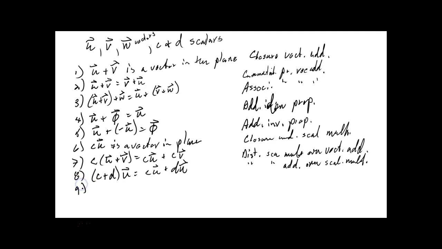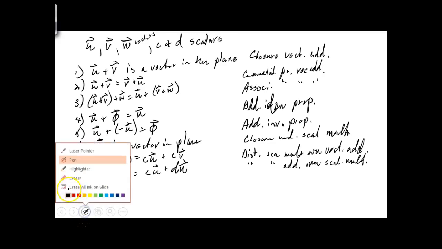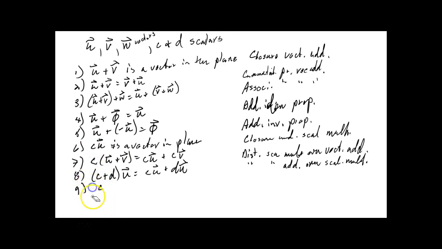Number 9. Now, this one is notable for what they're not saying more than what they are saying. If you have a scalar c multiplied by du, that's the same as cd times u.